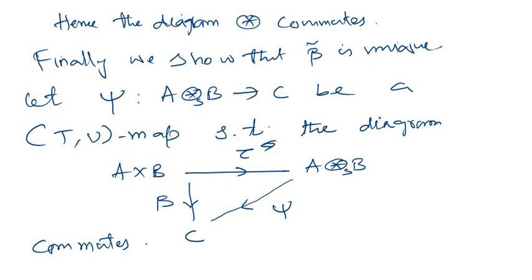So we show that psi is equal to beta tilde. That means beta tilde is actually unique. There is only one such map.